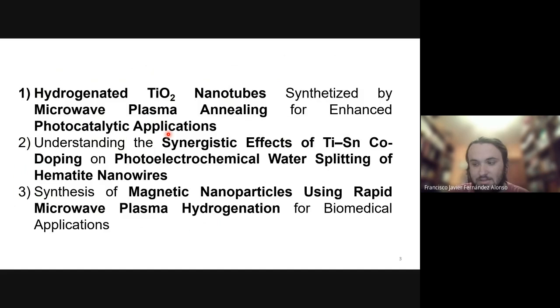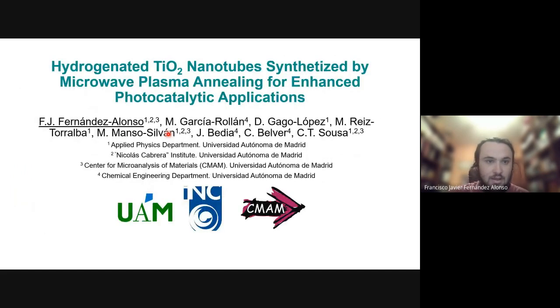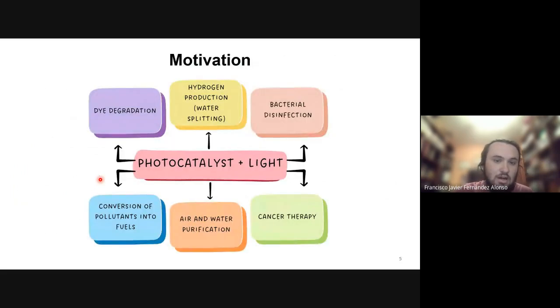So, starting with the first work, hydrogenated titanium oxide nanotubes synthesized by microwave plasma annealing for enhanced photocatalytic applications. First of all, what are photocatalytic materials and why is it important to do research in this topic?